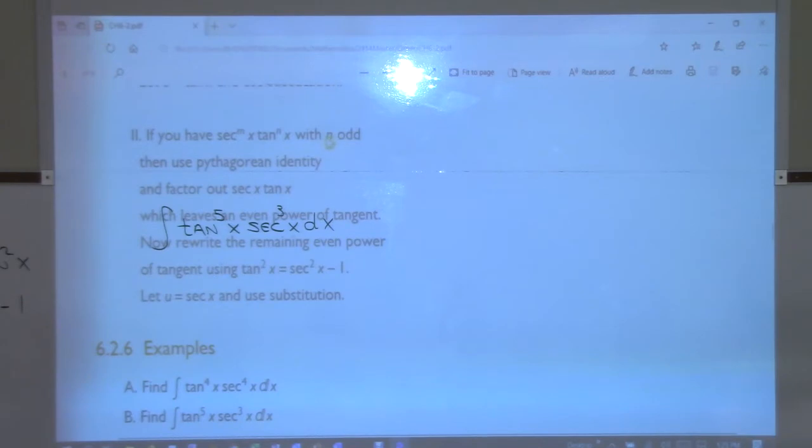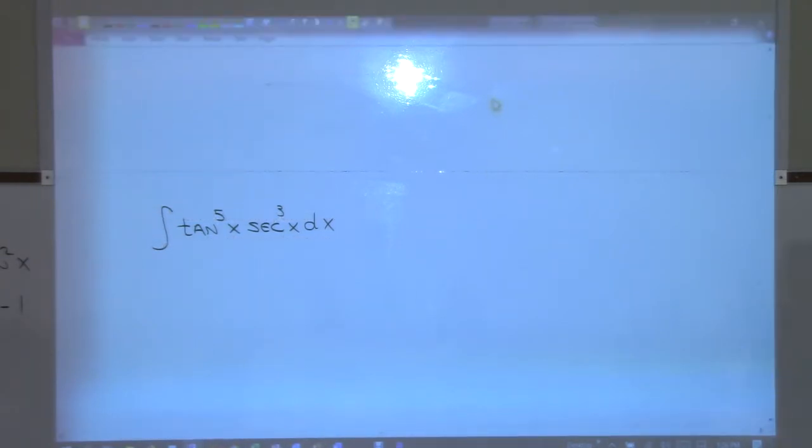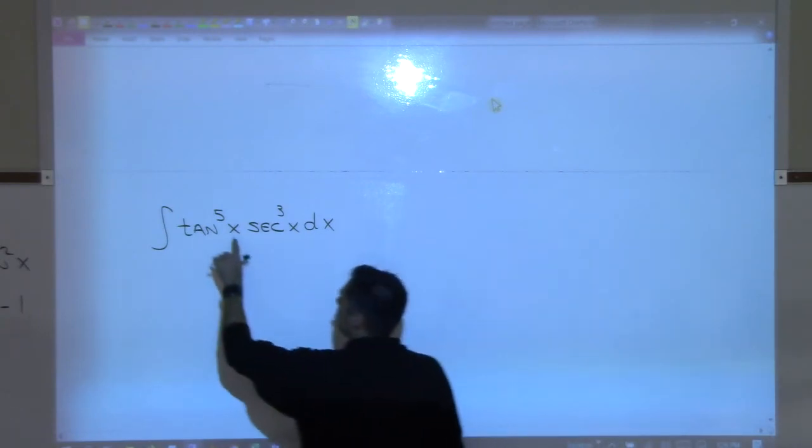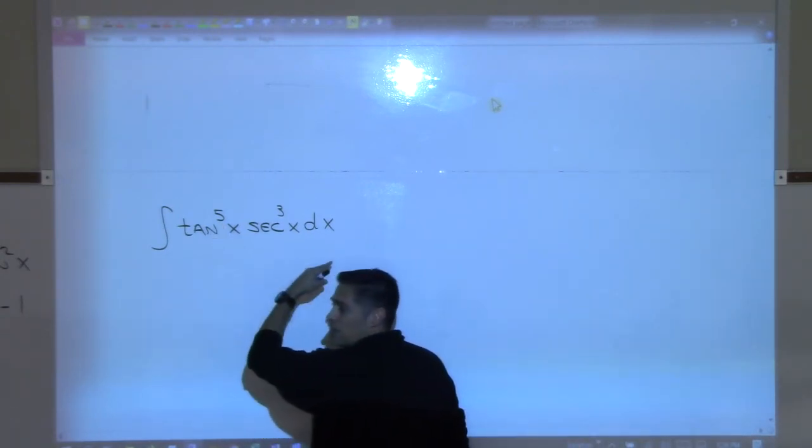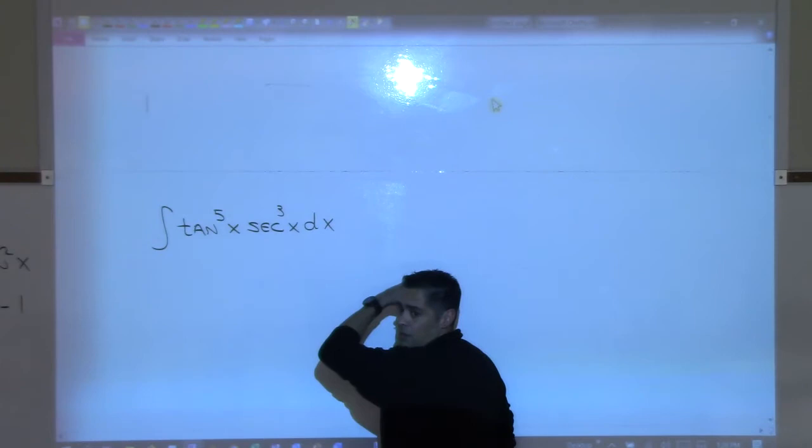So now you have an odd on the tangent. Then what we're going to do is peel off a secant x and a tangent x. So we are going to peel off one of these tangents and one of these secants, right?